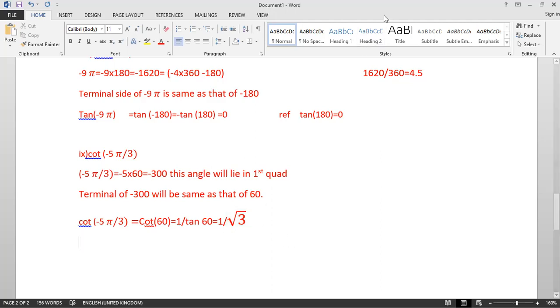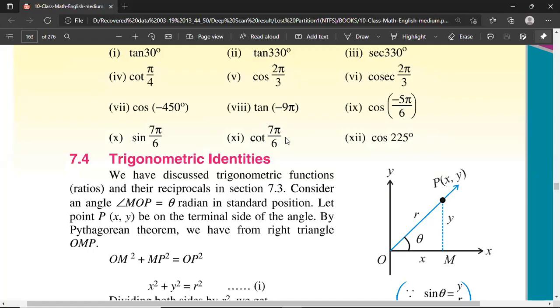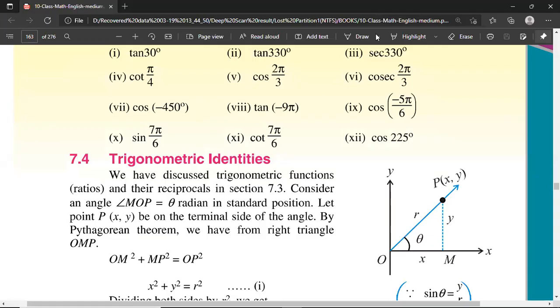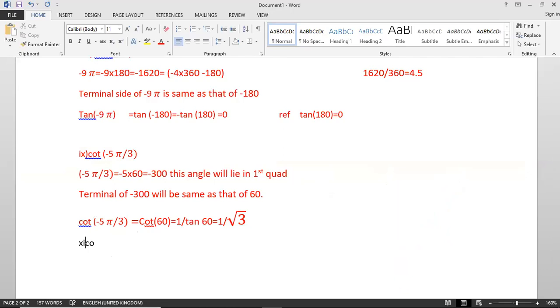Finally, we will take one more part and finish this long, lengthy procedure. So cot 7 pi by 6, part number 11.